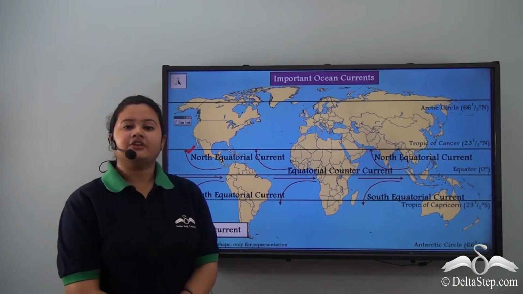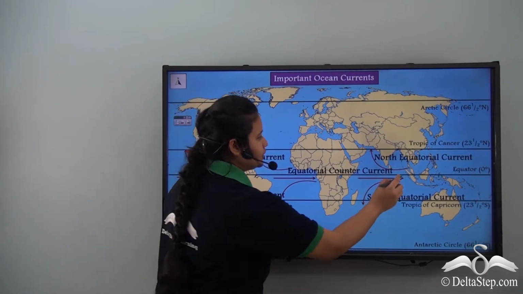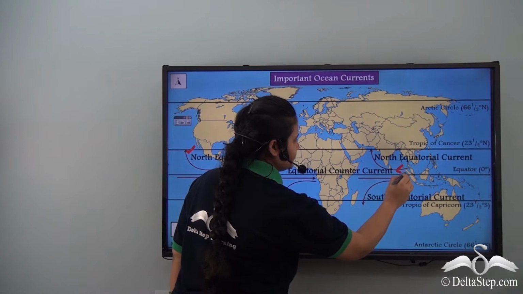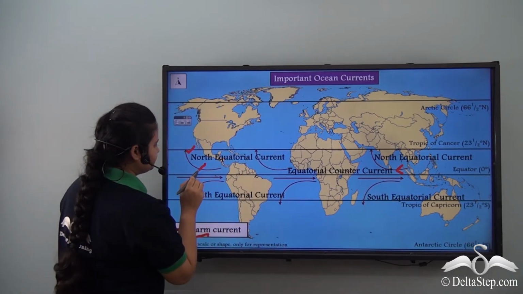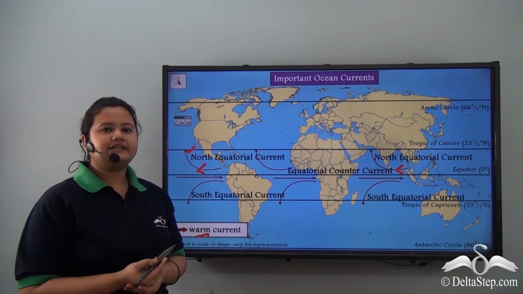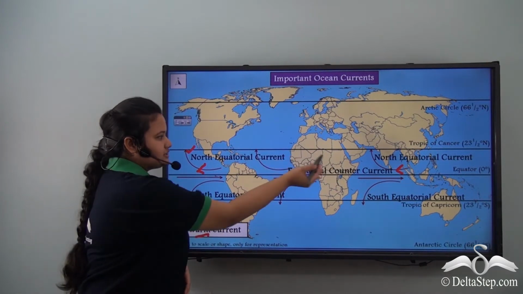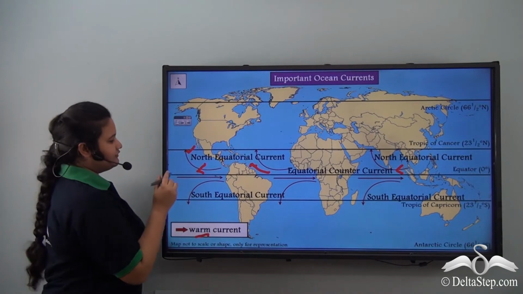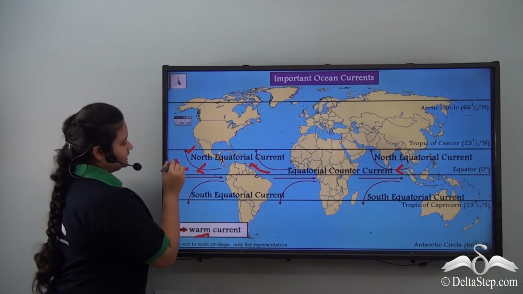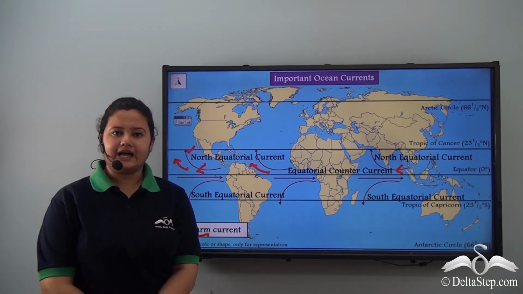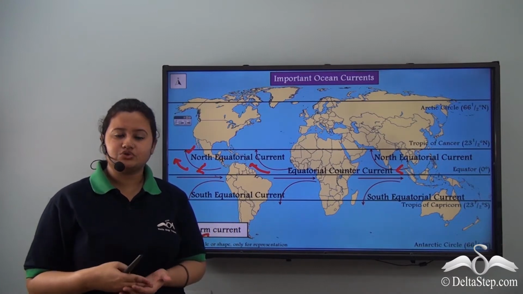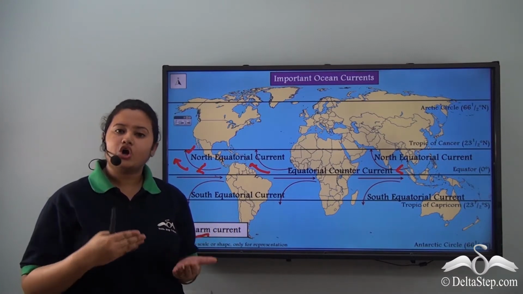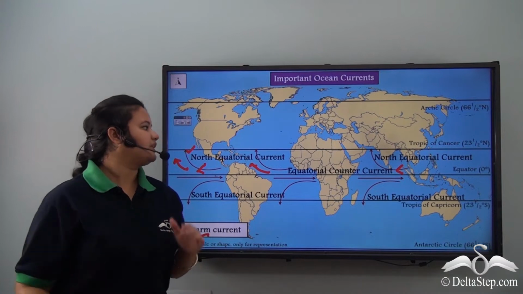So the north equatorial current flows from east to west. Now while this current flows from east to west, they deflect to the right. See, at every point they are deflecting to the right. We have already learned that this deflection happens due to the Coriolis effect caused by Earth's rotation.